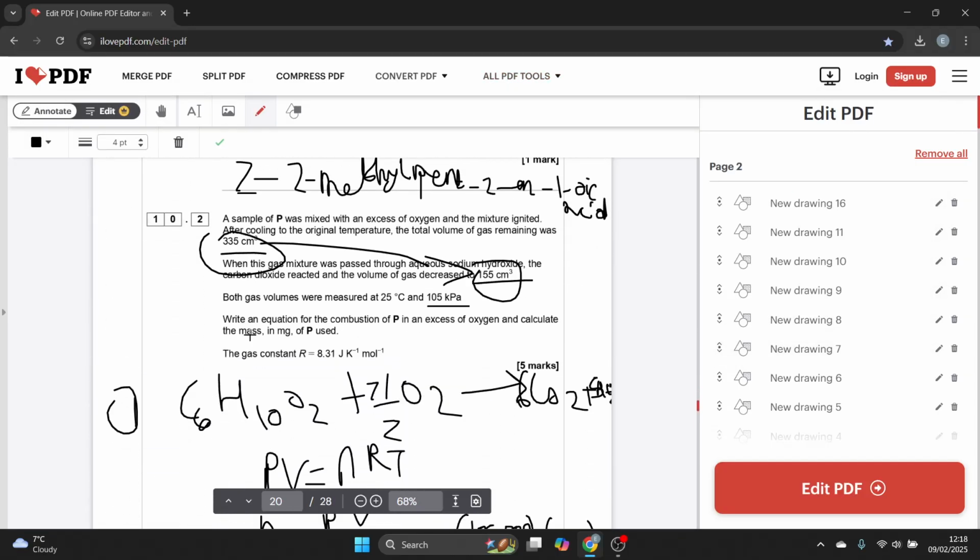Just calculate volume. A sample of P mixed with excess of oxygen, mixture ignited, after cooling to original temperature, total volume of gas remaining was that. When this gas mixture was passed through aqueous sodium hydroxide, carbon dioxide reacted and the volume of gas decreased to that. Calculate the mass of P used.